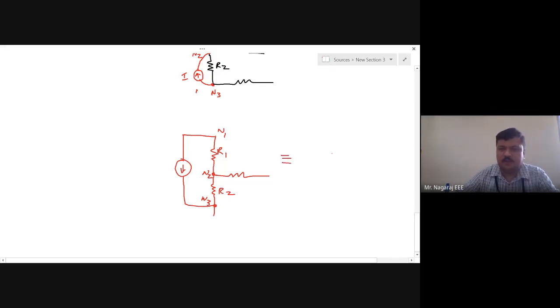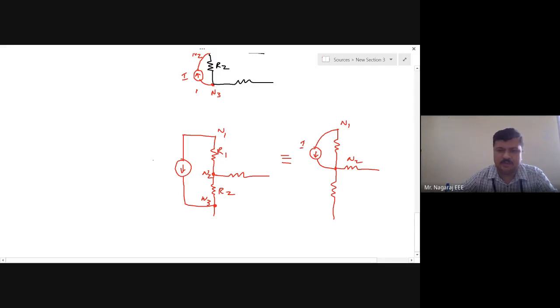So effectively I can take a current source leaving node N1.